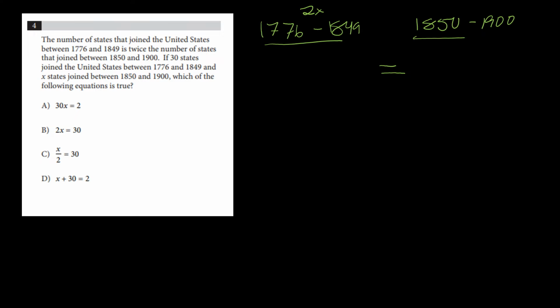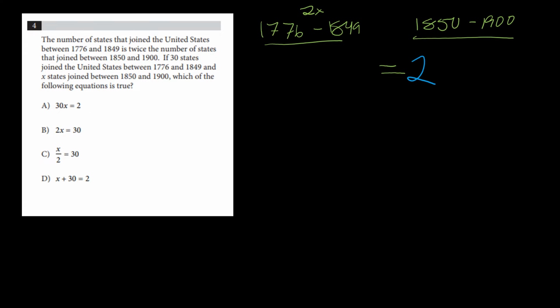Okay, so if we have 1776 to 1849 right here, and we have 1850 to 1900, and we want to set them equal. Well, if you know there's 2 times the amount of states here, to keep this side and this side equal, we know we're going to need a 2 over here to keep it balanced.